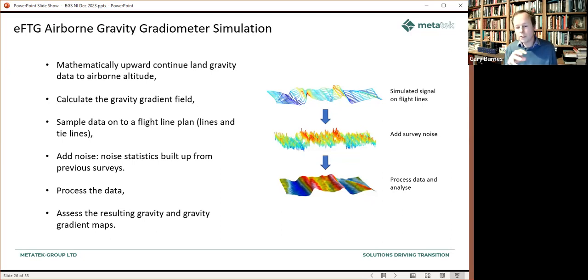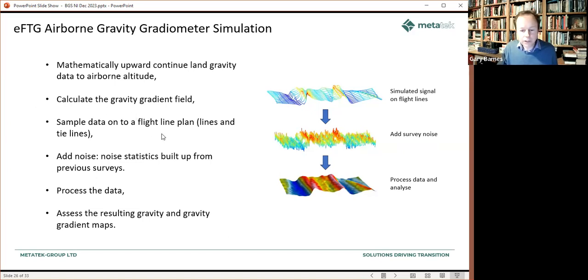So this is what the enhanced FDG would actually measure. Now we've got a set of signals which are representative of the gravity field over Northern Ireland at the airborne altitude, and also the signals that the EFDG, the gradiometer, would measure.